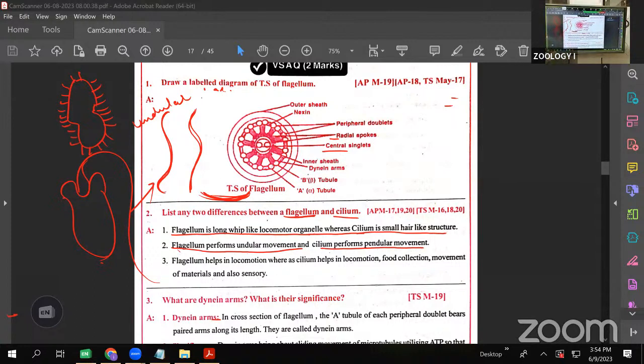That is the cilia. Next, the flagellum helps only in locomotion, but cilia help in locomotion as well as food collection and movement of particles, and also sensory. Here, flagella are helpful only in locomotion, but cilia are helpful in locomotion as well as food collection.